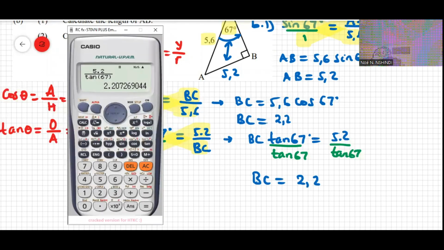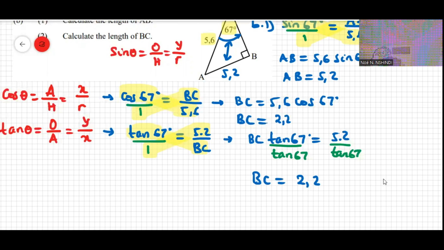As we get 2.2 here, we also have 2.2 there.